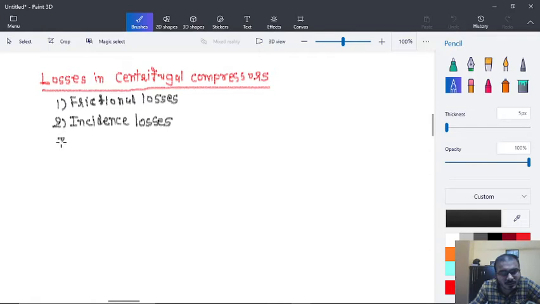Then the third one is clearance and leakage losses.